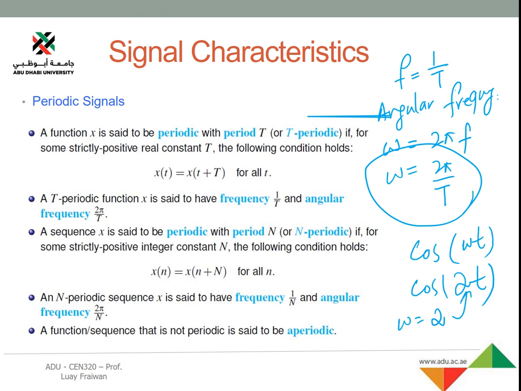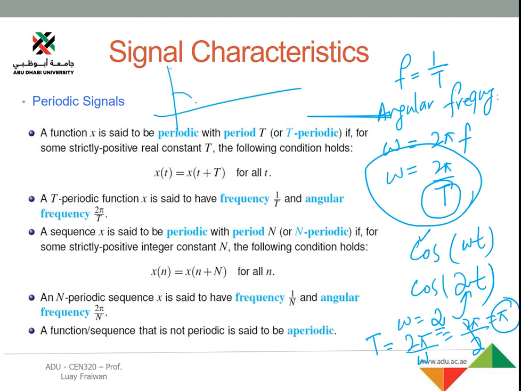If omega is given as 2 and you have to calculate the time period, we can calculate it as 2 pi over omega. So 2 pi over 2 gives pi. The time period of this signal is pi. It means this cosine signal is repeating after pi time.